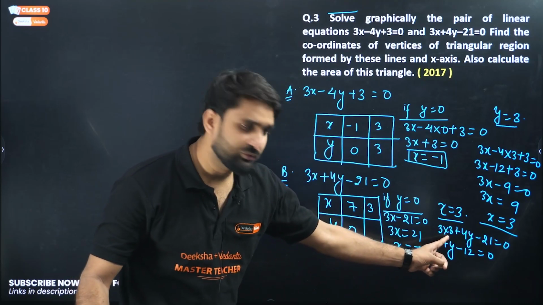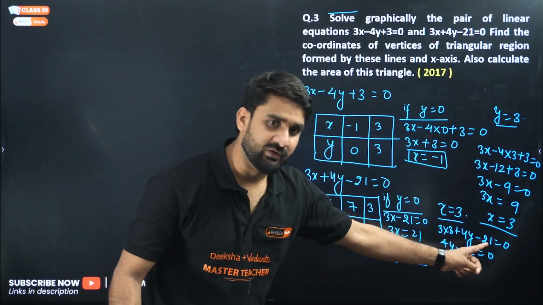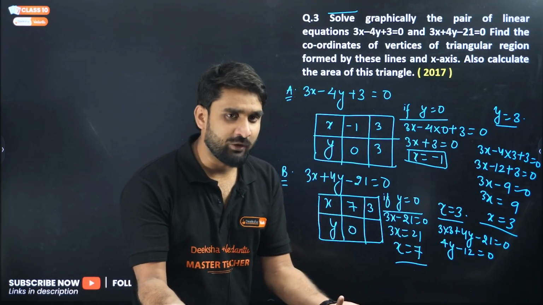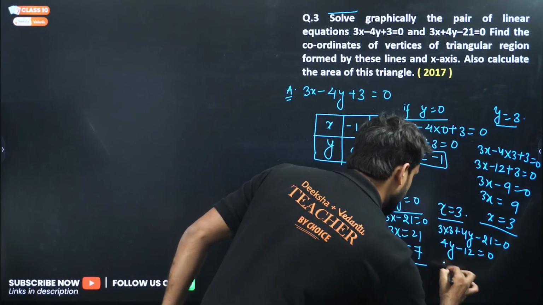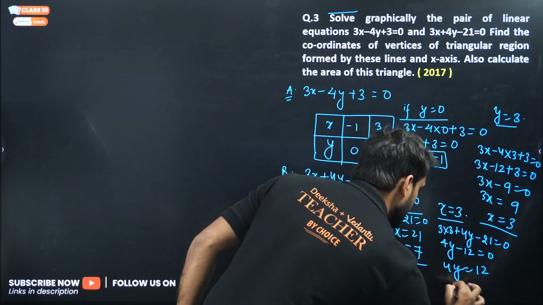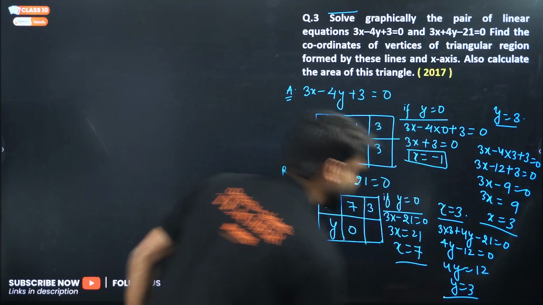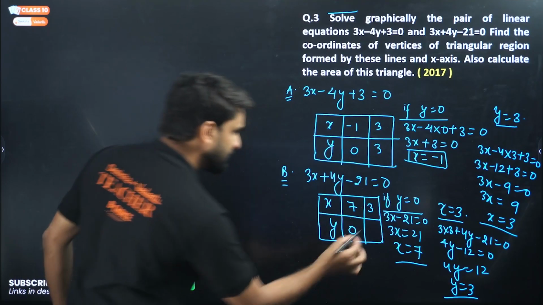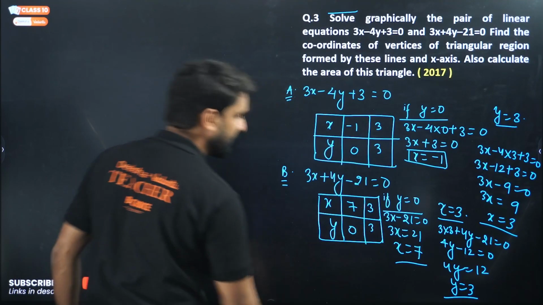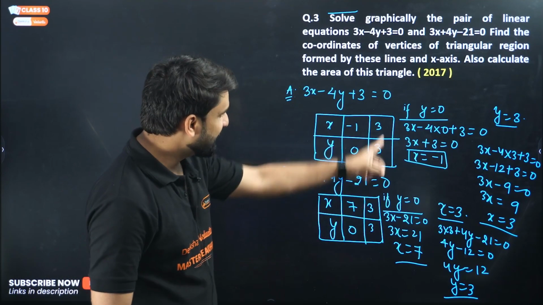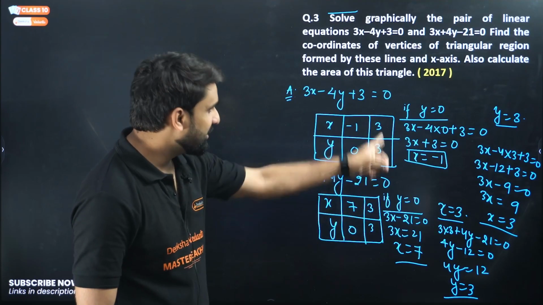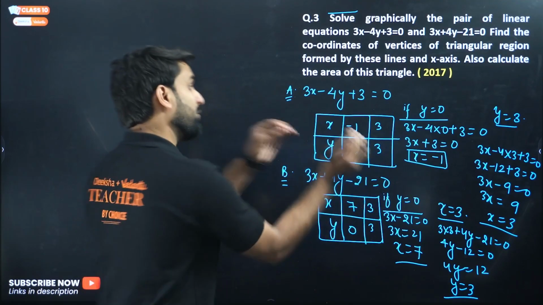We are getting 3 into 3, 9, and this is minus 21. So 9 minus 21 will be minus 12 here, and on shifting this minus 12, this will become plus 12, and again we are getting y as 3, right? So if we put x as 3, we are getting y as 3. We can observe here, this is the common coordinate in both the equations.